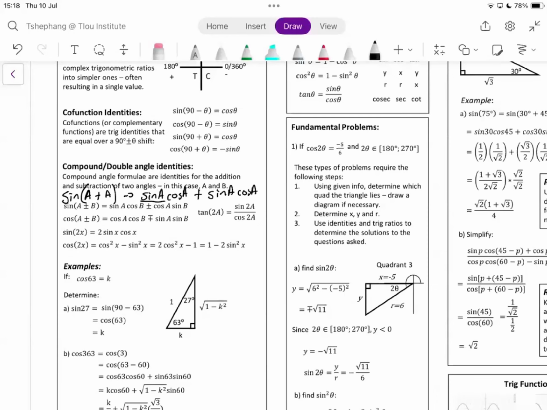Because these two things are exactly the same, we're going to get 2 sine of A cos of A. So the sign only changes for cos.